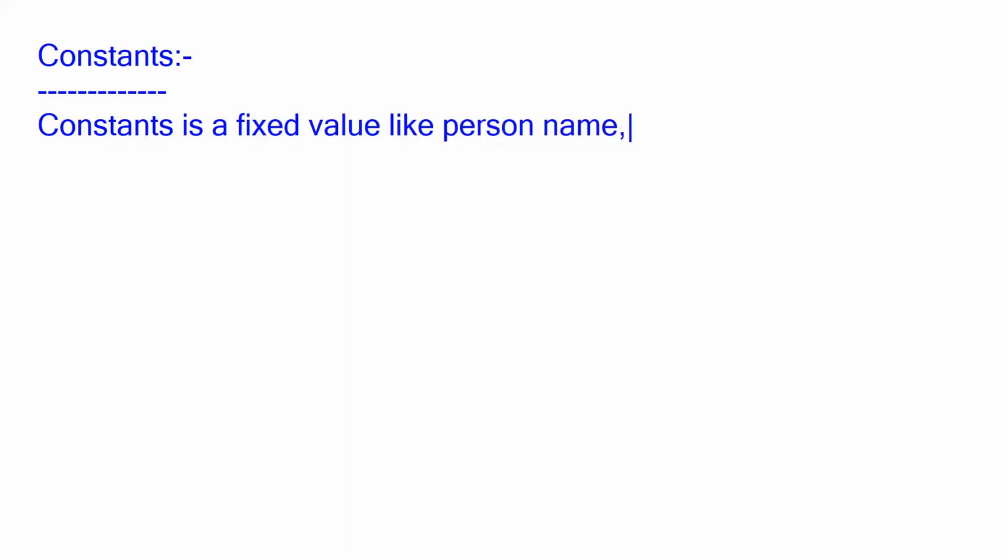So, a constant is a fixed value like a person name, city name, email address, etc. Constants are values that will never change.